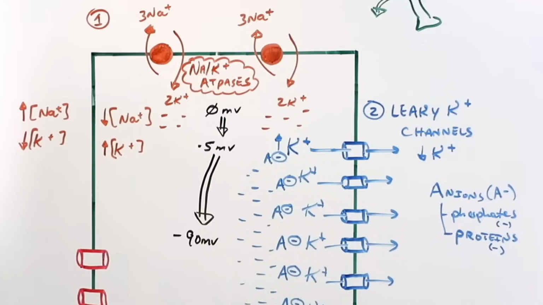But as the law of diffusion takes place, potassium moves outside the cell slowly but surely. There is less potassium and more anions remaining in the cell. This results in a high negative charge inside the cell. Now, as I said, there's an extreme amount of potassium inside the cell.